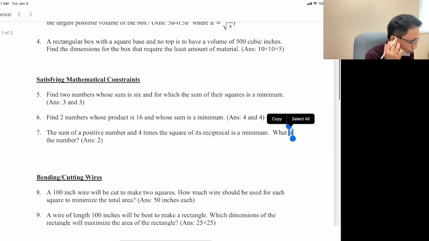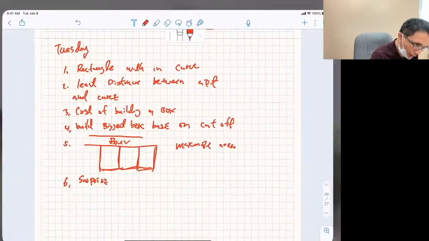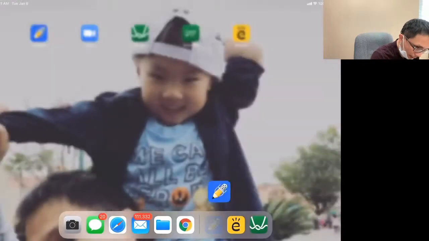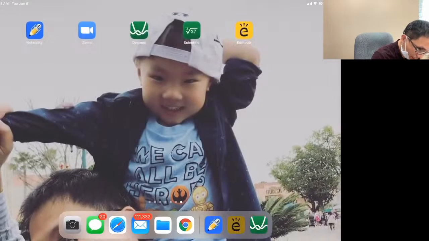Oh, you do have a mathematical constraint. Sorry, you do have one of the questions here between 5 to 7. So mathematical constraint. Let me write it down. So 7, a mathematical constraint. Okay, which one is that? That's right here.